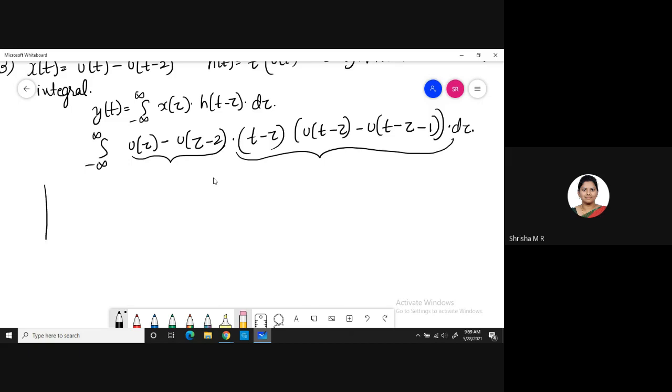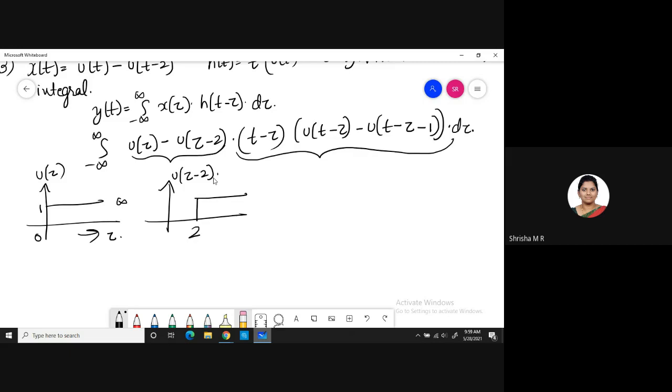u of tau is the unit step signal, existing from 0 up to infinity with an amplitude 1, with the x-axis as tau. u of tau minus 2 starts from plus 2 and goes up to infinity with an amplitude of 1.